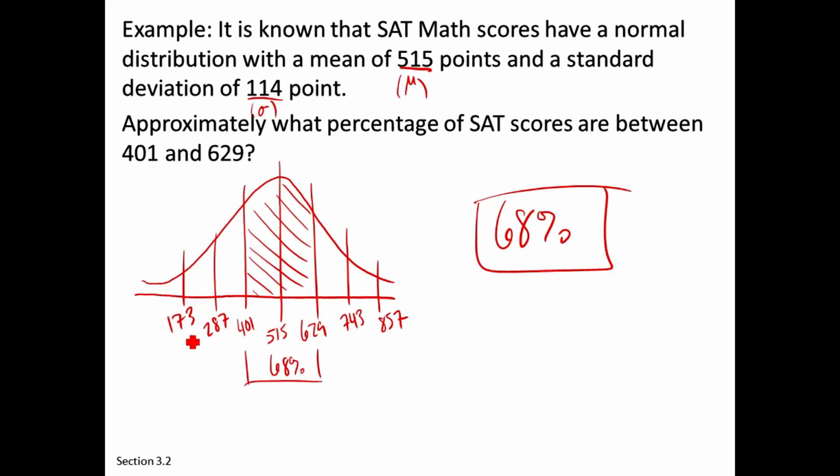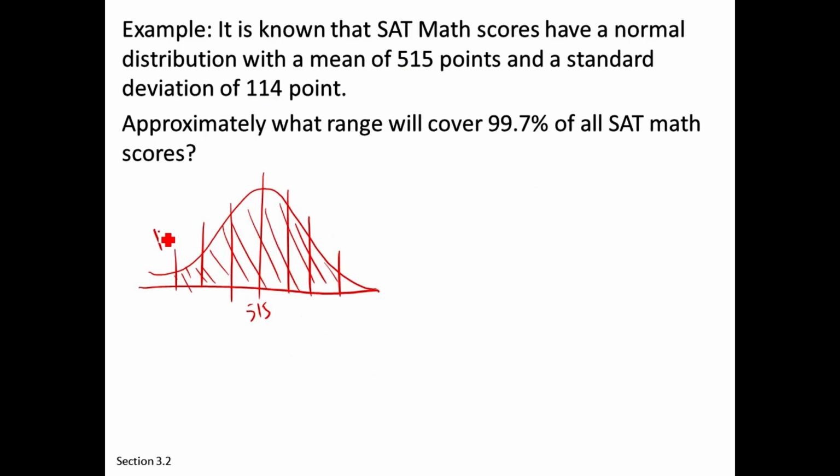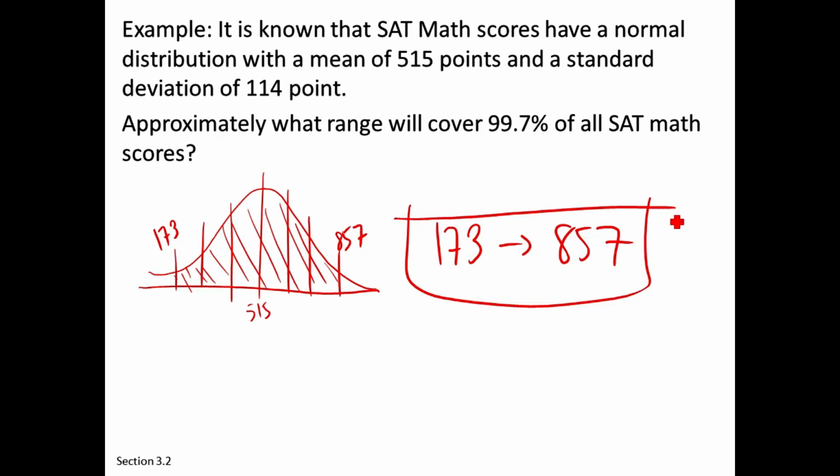We have to go down to 173 and up to 857. I'm just taking those numbers from the last chart. I'm not going to redraw all of them. But that would be the answer. 173 up to 857. You would not expect to see hardly anyone below or above those numbers. It's possible, but you're not really going to see it.